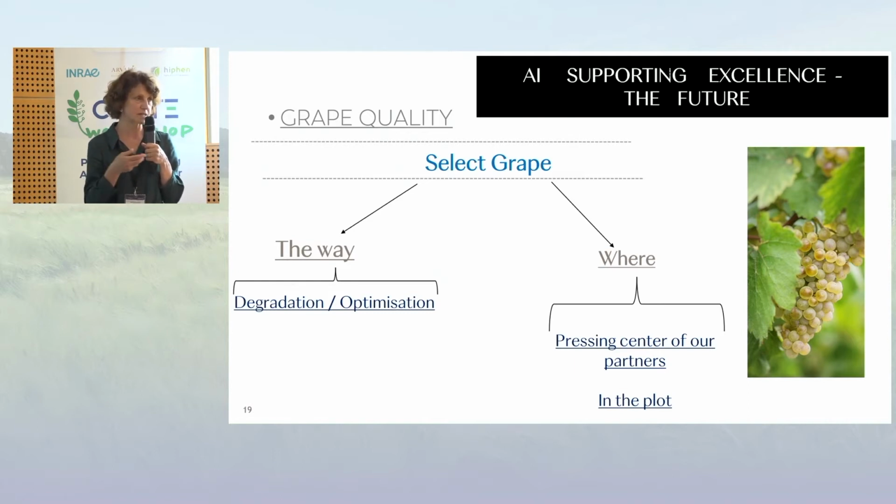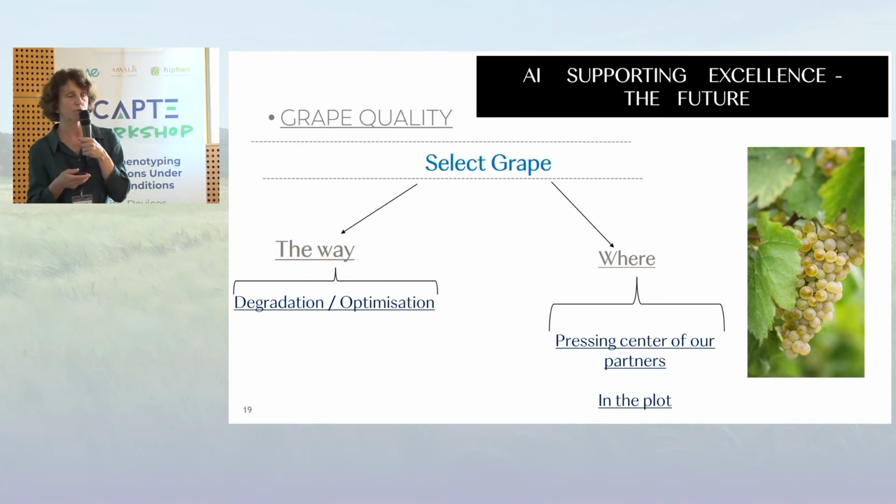Especially, as I said before, with maturity, maybe we can go to a premium aspect of maturity and make really premium batches of grapes that can be used for the Grand Cuvée, and select this kind of grapes very quickly and very close to the vineyards, and not wait for tasting and all the things after fermentation to decide the quality of these grapes.